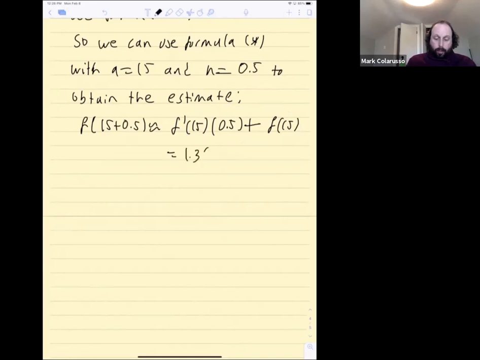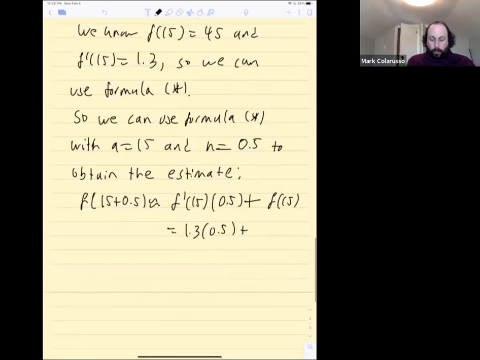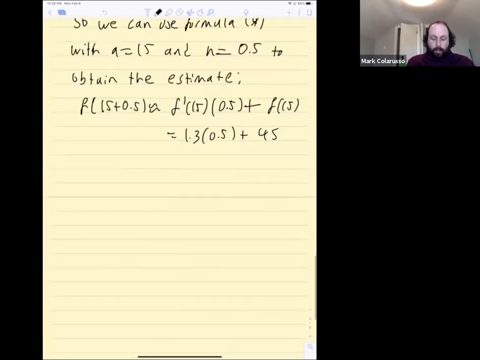It's 1.3 times 0.5 plus f of 15, which we were told was 45. If we work that all out, we get approximately 45.65 million.